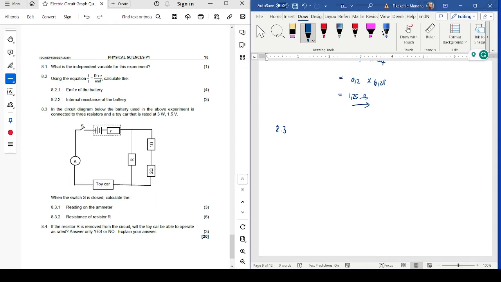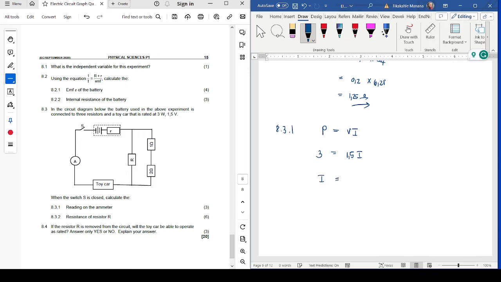8.3.1, reading on the ammeter. So we had the EMF from the previous question, right? Well, actually, no. In your equations, you have an equation because watts, that's power, and voltage, and I. Okay, so power is actually equal to V times I. So we have 1,5 I, and the power is 3 watts.